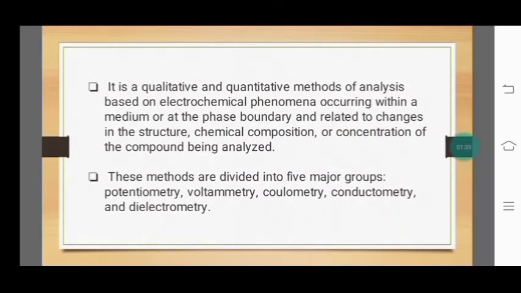They are qualitative and quantitative methods of analysis based on electrochemical phenomena occurring within a medium or at the phase boundary and related to changes in the structure, chemical composition, or concentration of the compound being analyzed.